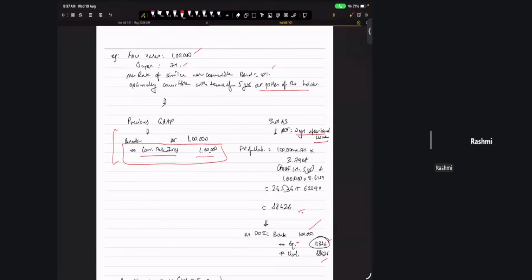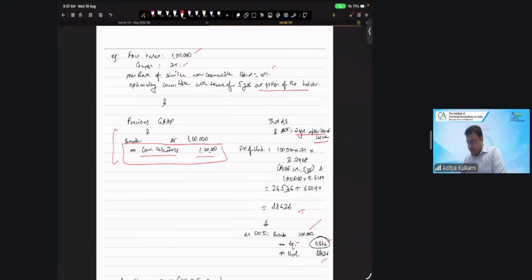Under Ind AS, now let us suppose the date of transition is 2 years after the issue of the bond. So bonds are issued, and 2 years after that you have transitioned to Ind AS. What is the Ind AS entry that needs to be posted when the instrument was actually issued? I would first calculate the fair value of liability.